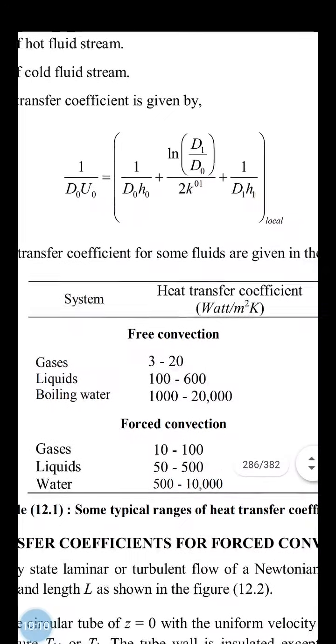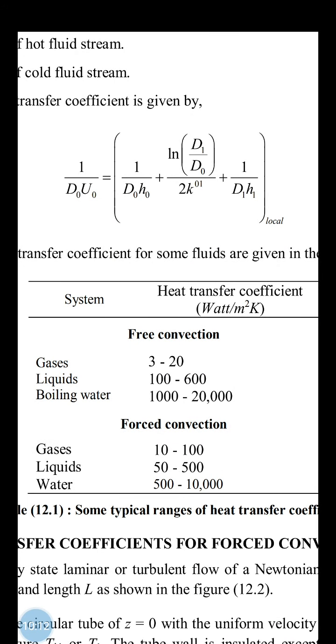As a chemical engineer, you are supposed to know at least some range of the heat transfer coefficients for gases, liquids, and water. The heat transfer coefficient value is different for free convection and forced convection. For gases, it is 3 to 20 in case of free convection, and in case of gases in forced convection it will be 10 to 100.